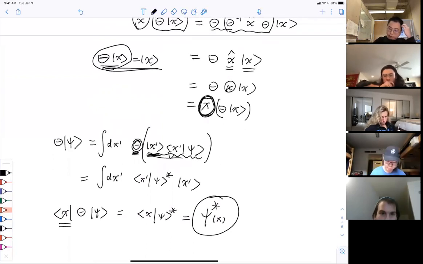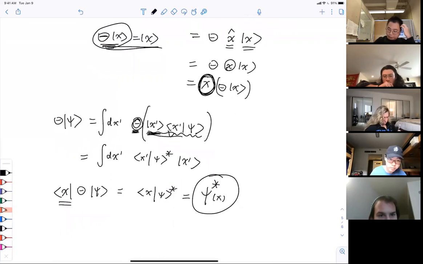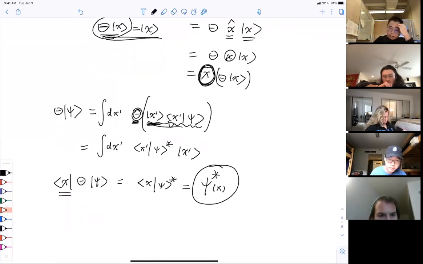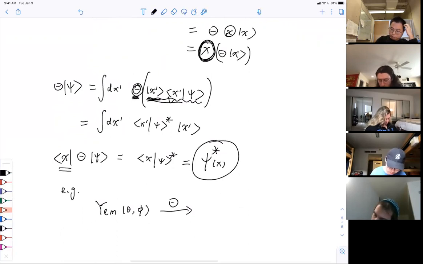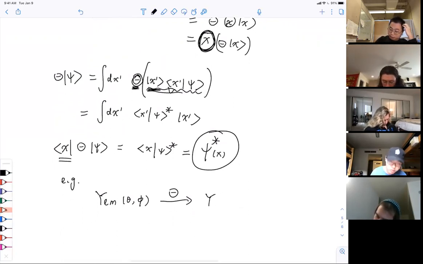This is a very simple derivation. You can find it in any textbook, I'm pretty sure. One important example is the spherical harmonics. Under the time reversal, we just take the complex conjugate.